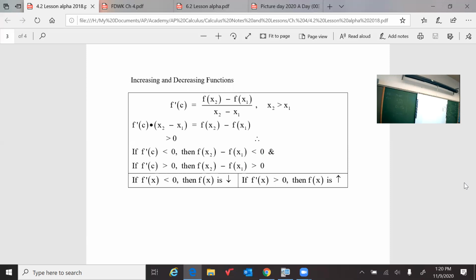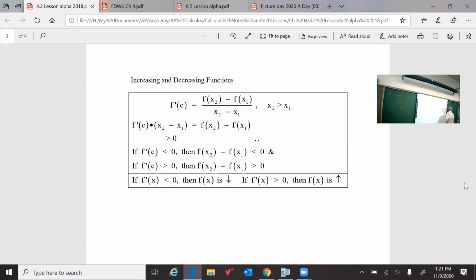A positive times a positive is a positive. A positive times a negative is a negative. So if the derivative were negative, and you multiply it by a positive, the left side would be negative. And if the left side's negative, the height at 2 take away the height at 1 has to be negative, which means the graph's falling right here, right?